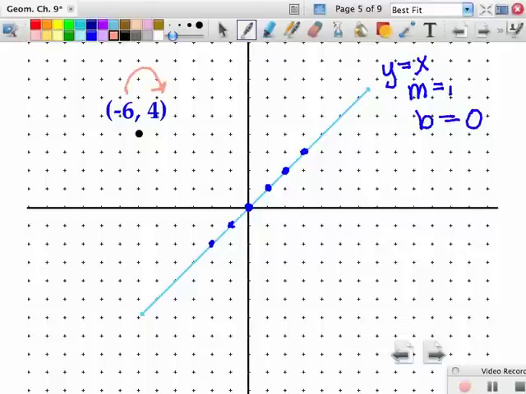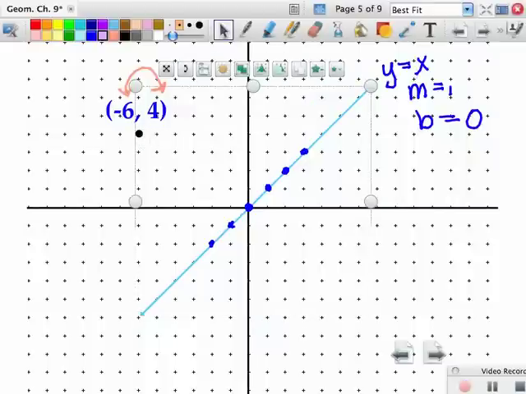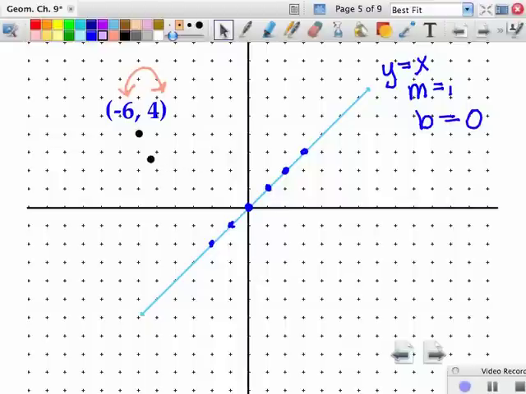All right, so what we will do is instead of graphing negative 6, 4, it would become positive 4 and then down 6. So it's there.